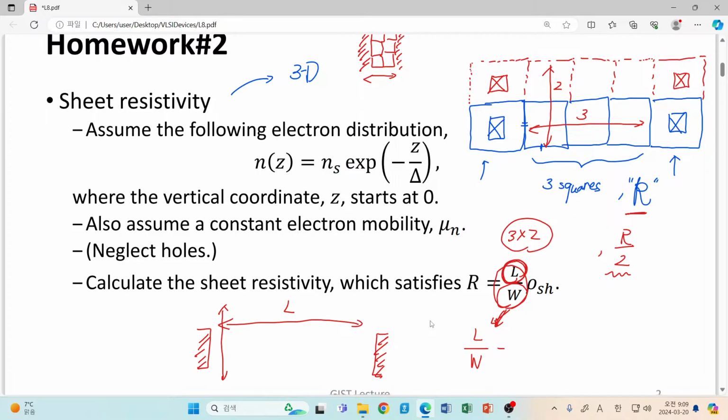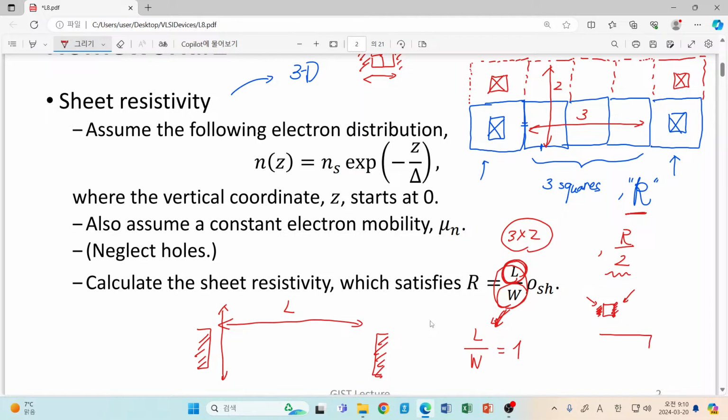Now let's assume a case of ratio equal to 1. What does it mean? It means that this corresponds to the case of ratio 1. Now you can expect a certain resistance between this and that point.